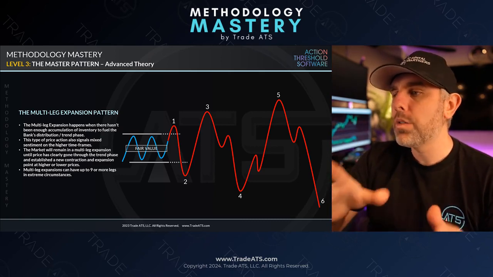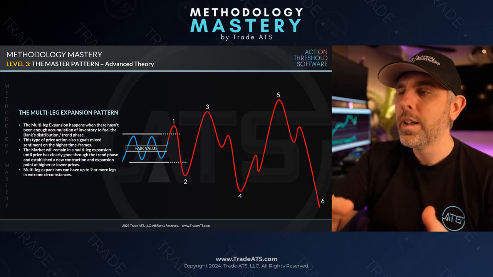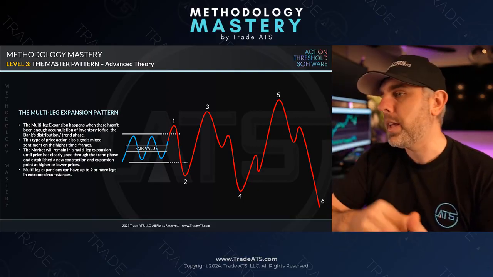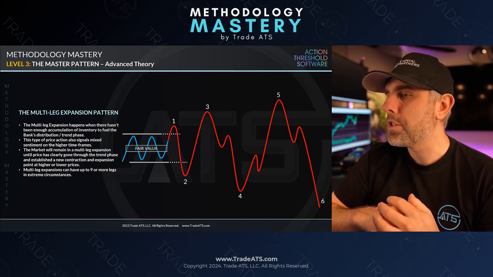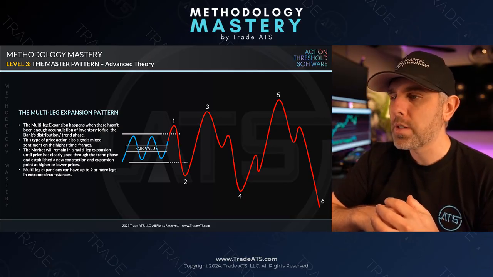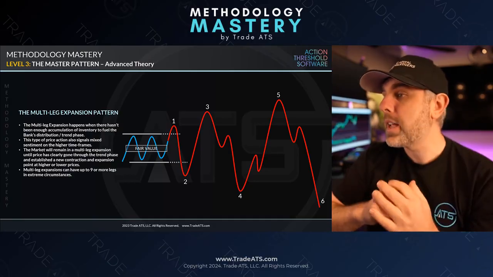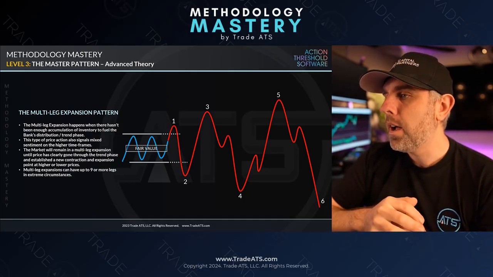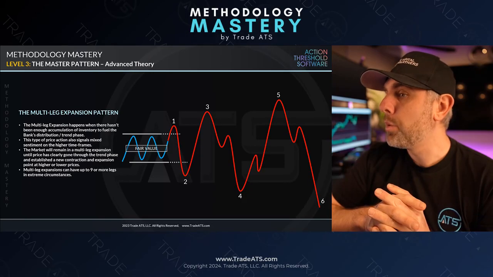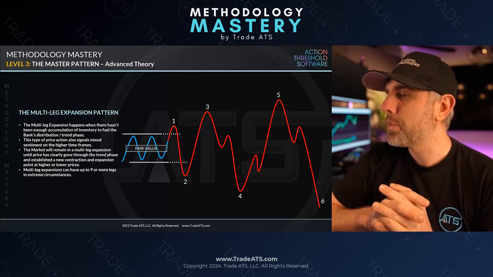And this is where all of our entries and our understanding start, from understanding that this is playing out, is the multi-leg expansion and what the characteristics are of this type of price activity. So very, very important to understand this. Because if you don't understand it, you're typically going to fall victim to it and do the wrong thing at those numbers.